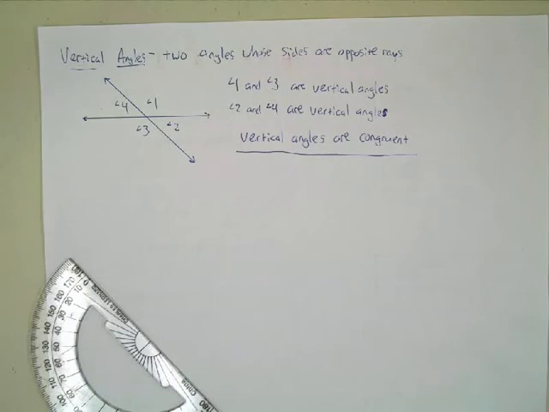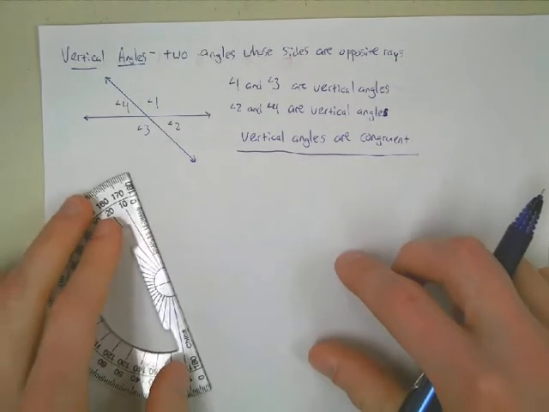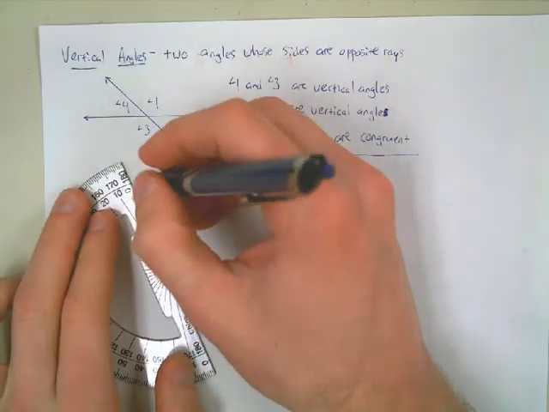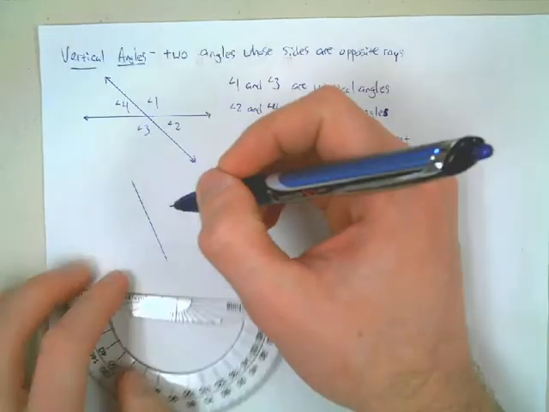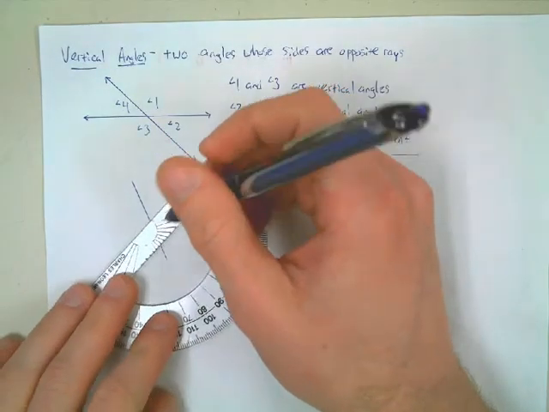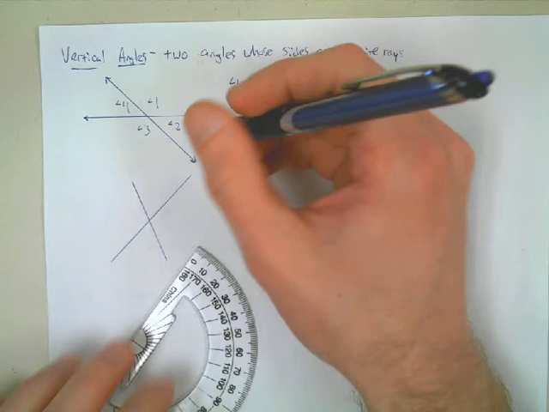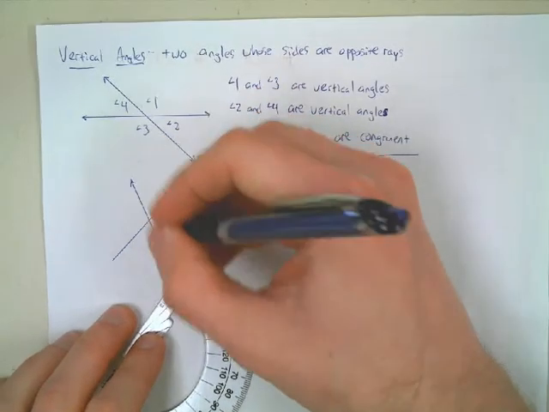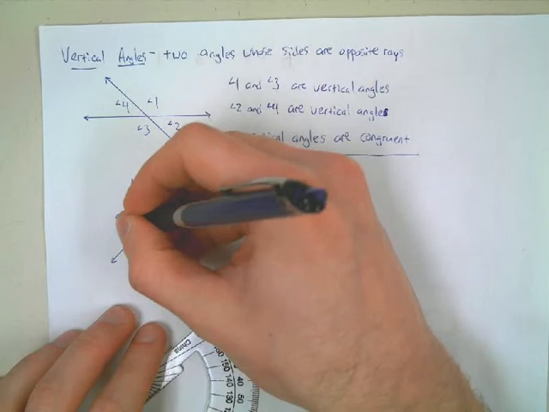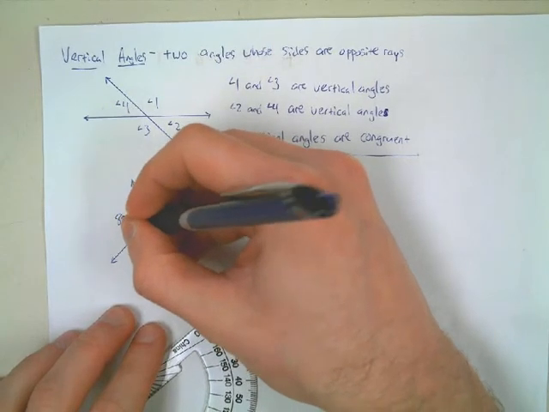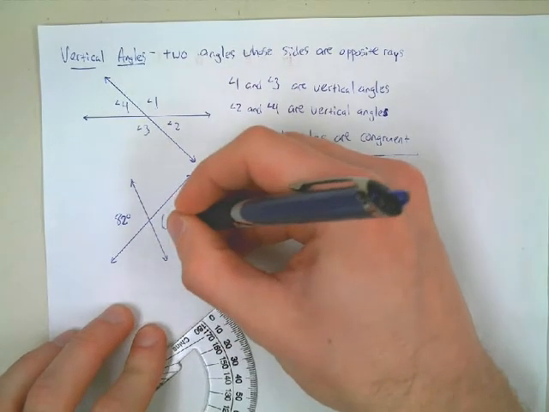We'll do one example here, and then we'll look at some more angle relationships. Almost done, though. So let me draw a picture. You guys are doing a great job here. Great job. So here's an example.